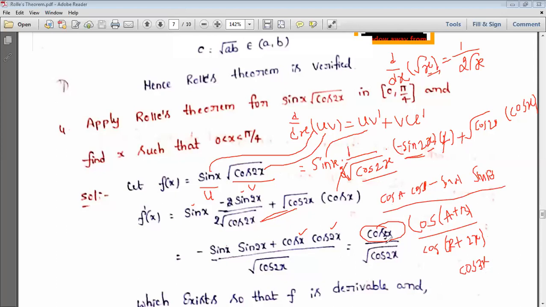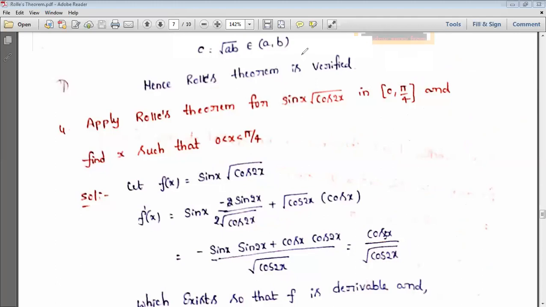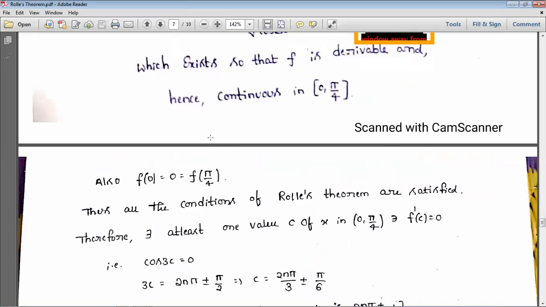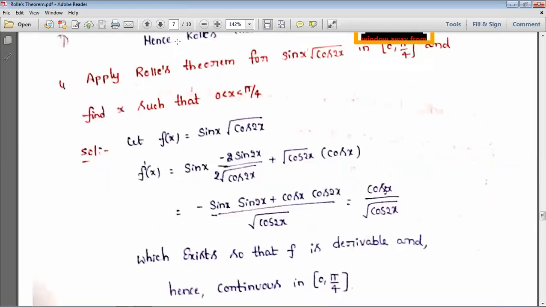Like this I got cos 3x by square root of cos 2x. So this is the derivative of that function, and this derivative exists. The function is derivable in the interval 0 comma pi by 4. So simply we can write that, and next f of x satisfies the conditions: continuous, derivable, and next what is the third condition? f of a equal to f of b.